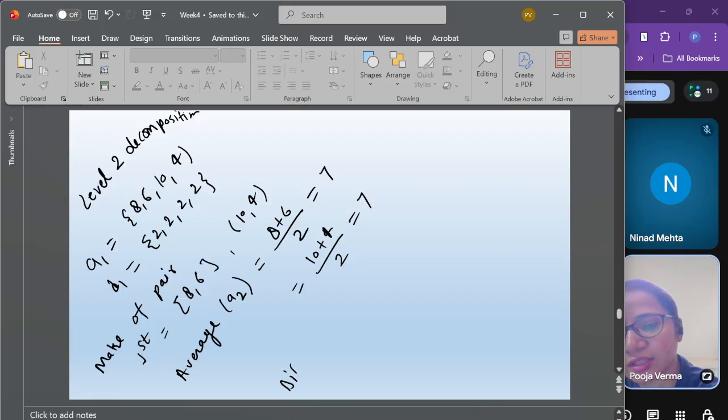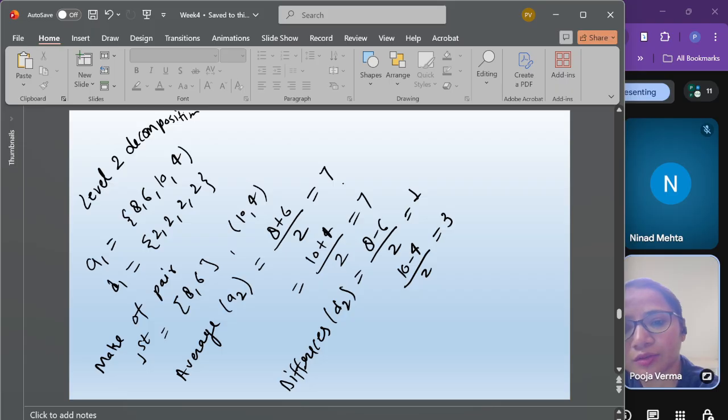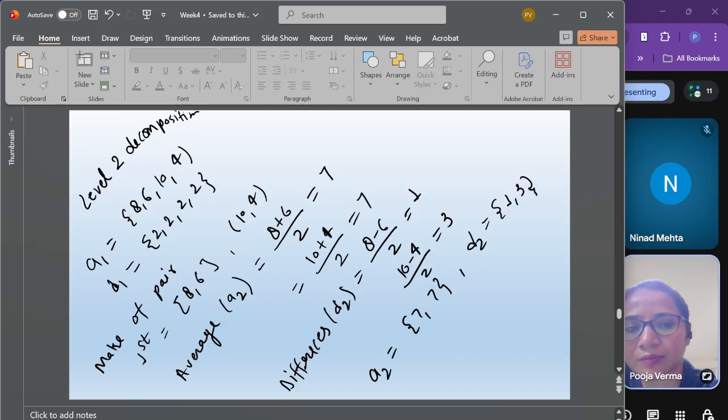The differences, similarly we have to do for this one also, that is D2. So 8 minus 6 divided by 2, that is 1, and 10 minus 4 divided by 2, here it is 3. So here A2 now we have got 7 and 7, and D2 we have got 1 and 3, right?